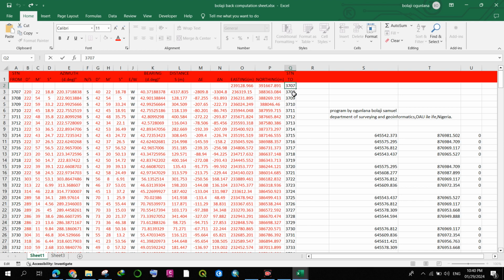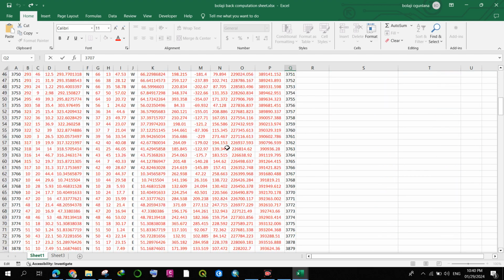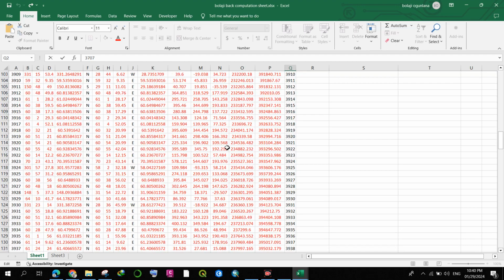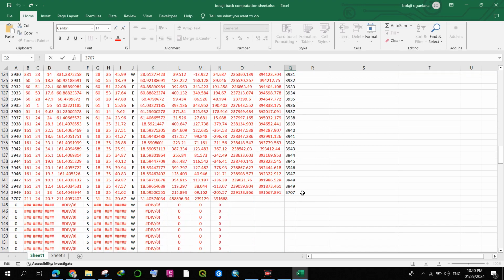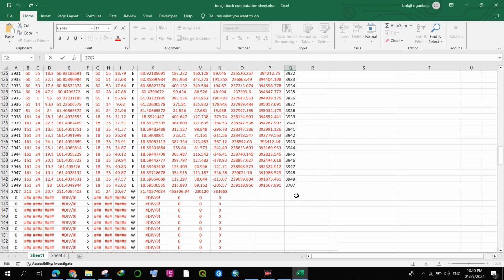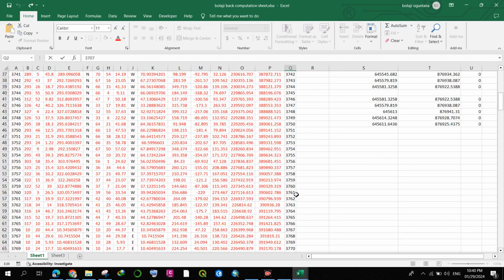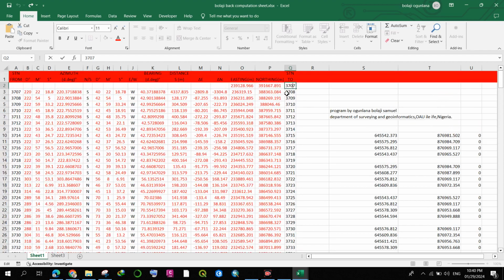Just make sure you repeat the last station. You can see that I have 3707 at the top. Did you get that? So don't forget that particular code, because you can end up calculating and your job is not working.